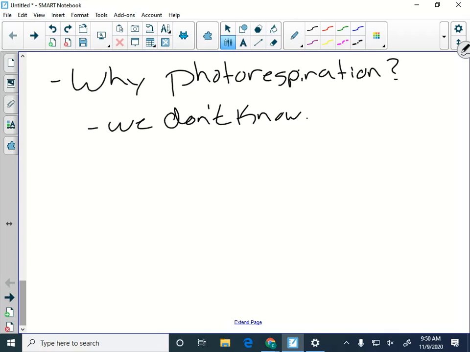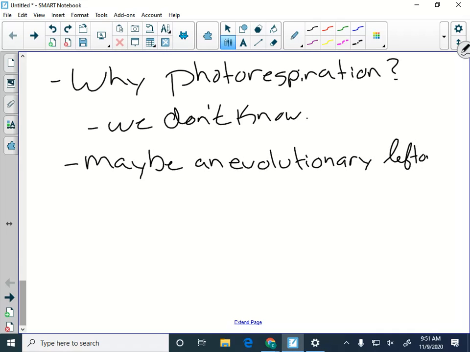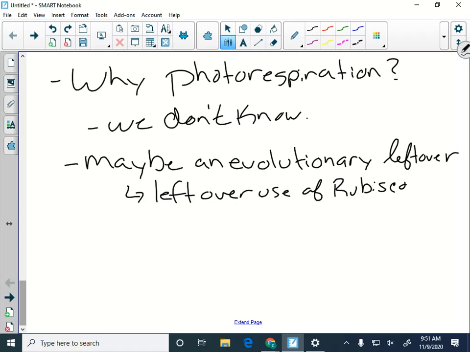We think maybe it's an evolutionary leftover. I guess leftover is the best word for it, leftover use of Rubisco. Because Rubisco is such a common enzyme in cells, we think it's one of the most common proteins on Earth.